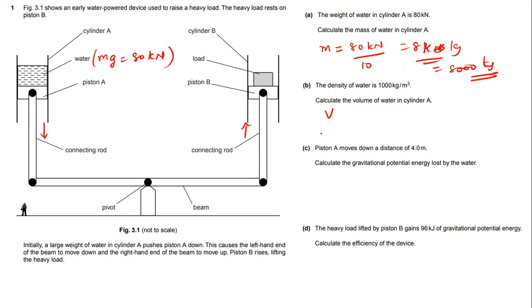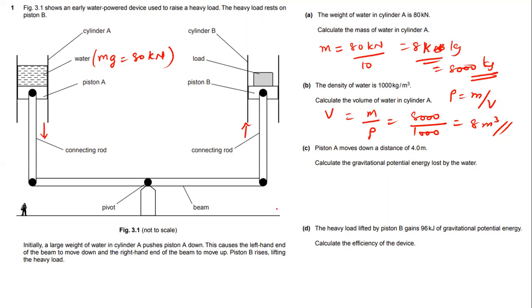Well, density is equal to mass by volume. So the volume is the mass divided by density, which is 8,000 kg divided by 1,000, which should be equal to 8 meter cube. So 8 meter cube should be the volume of water in cylinder A.